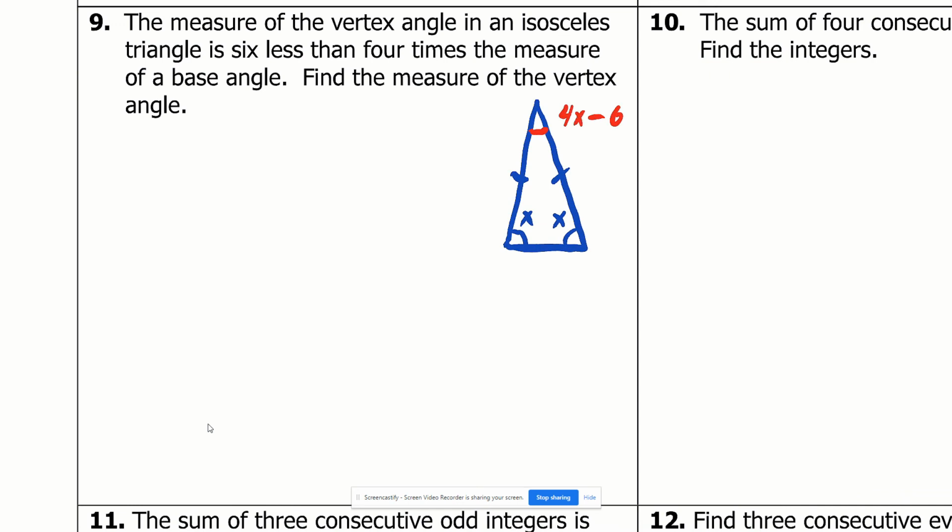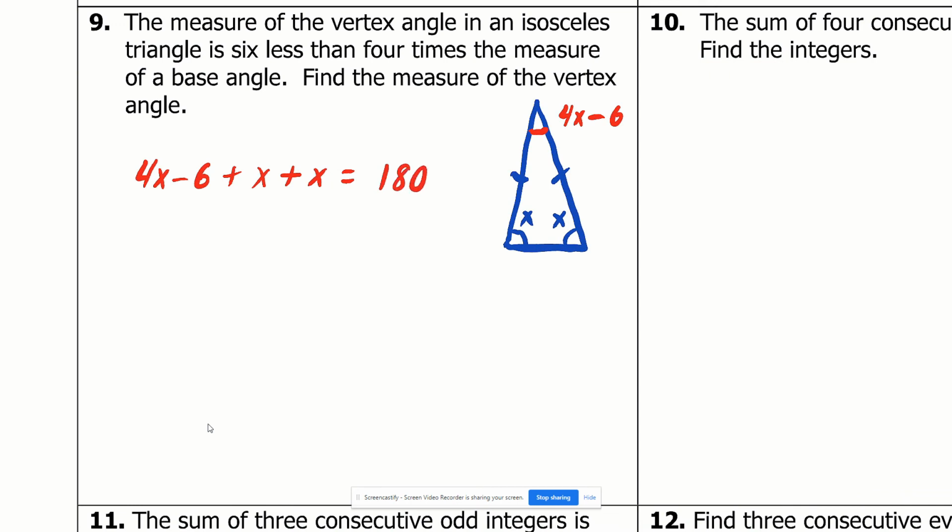My 2 base angles are both x. They're the same. Whatever one of them is, the other one has to be it. So they want us to find the vertex angle. Well, what do we know about triangles, guys? If I took 4x minus 6, and I added x, and I added x, what do we know about the 3 angles of all triangles? They equal 180. They equal 180.